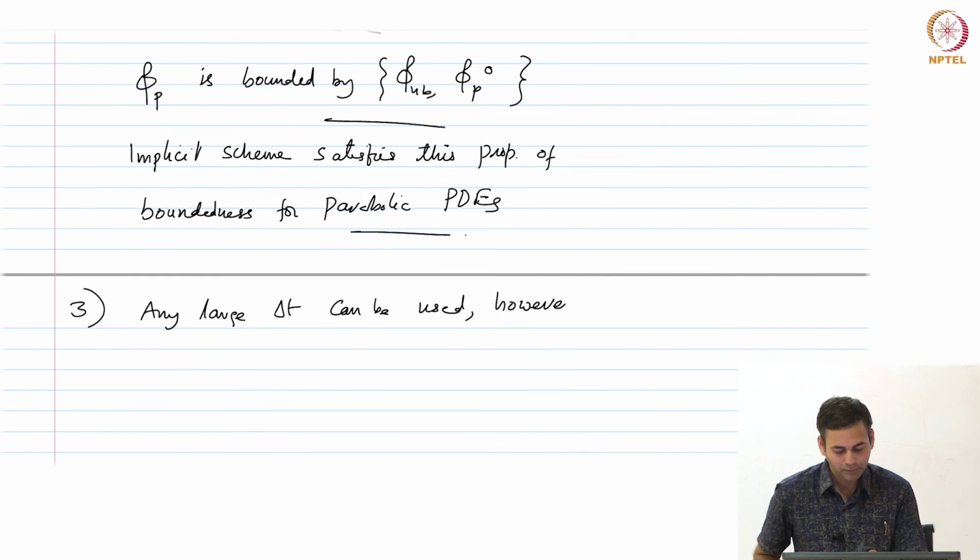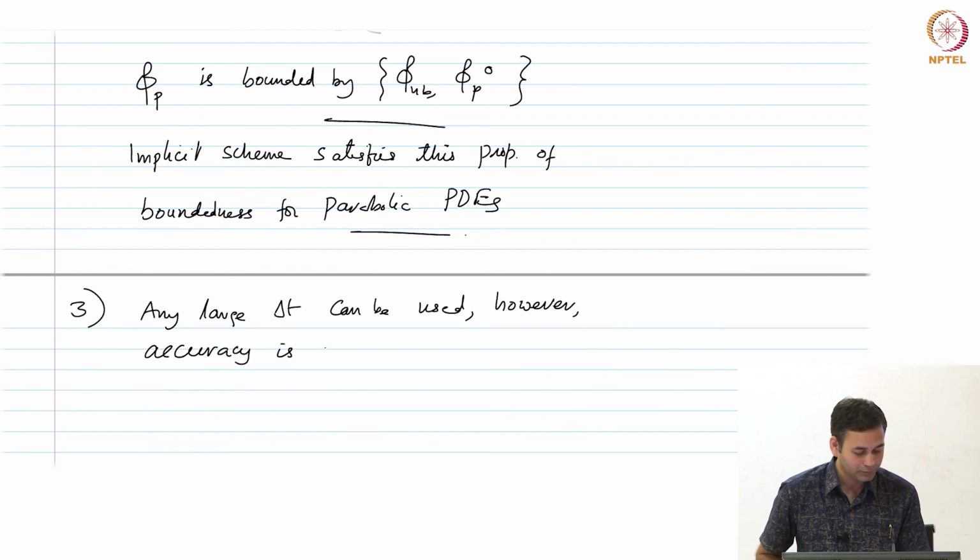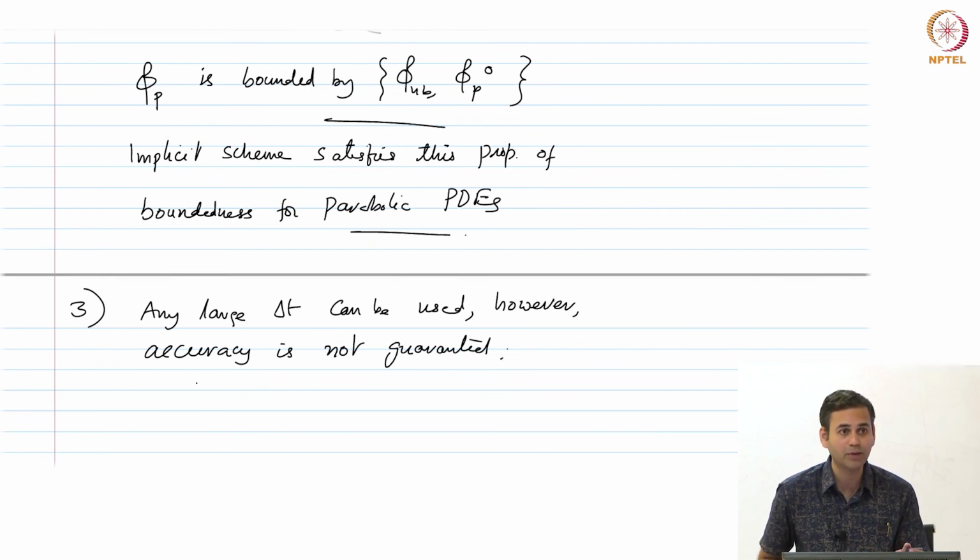However, if it is too large, accuracy is not guaranteed, but still you would get a bounded solution, you will not get an infinite solution. However, accuracy is not guaranteed. But convergence is guaranteed, it will converge to some answer, but it will not be accurate because the delta t is very large.